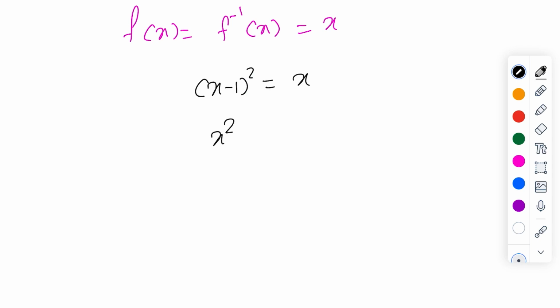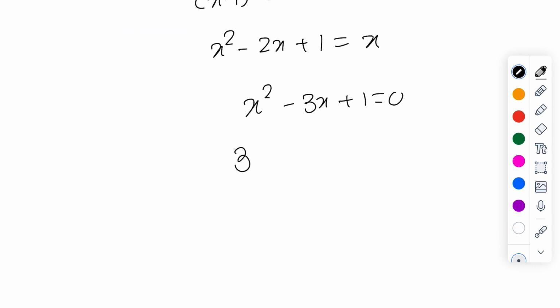So x square minus 2x plus 1 equals x. So x square minus 3x plus 1 equals 0. So solve the quadratic now: minus b plus or minus square root of b square minus 4ac upon 2a.